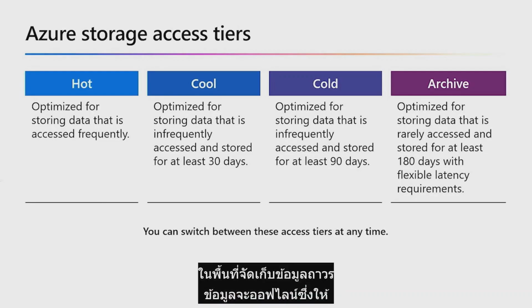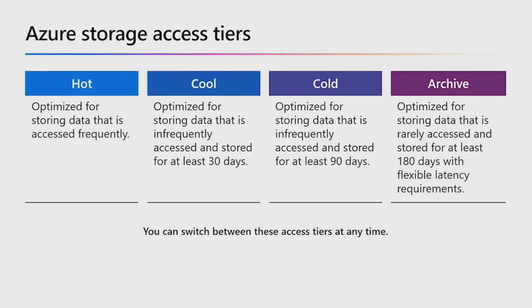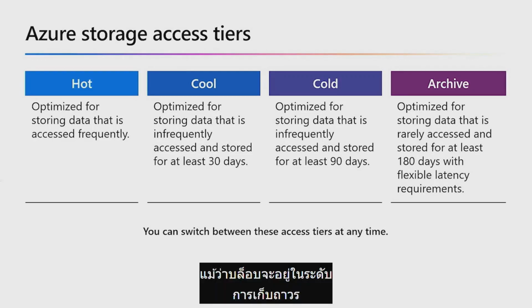In archive storage, data is offline, which provides the lowest storage cost but comes with higher cost for data retrieval and access. As mentioned before, data must remain in the archive tier for at least 180 days, and early removal will incur charges. While a blob is in the archive tier, it can't be read or modified.